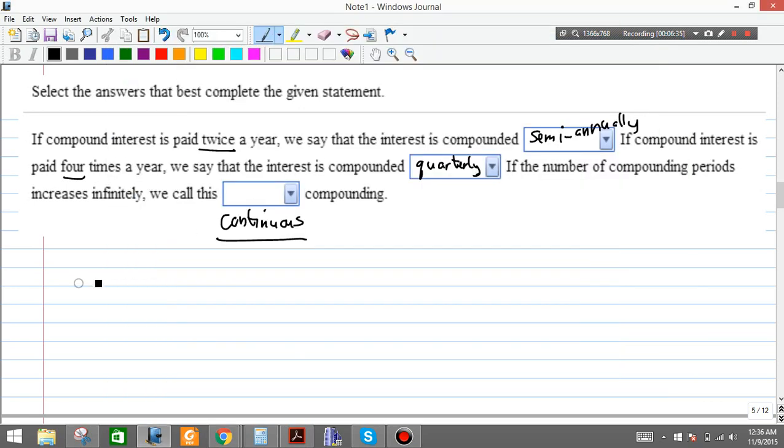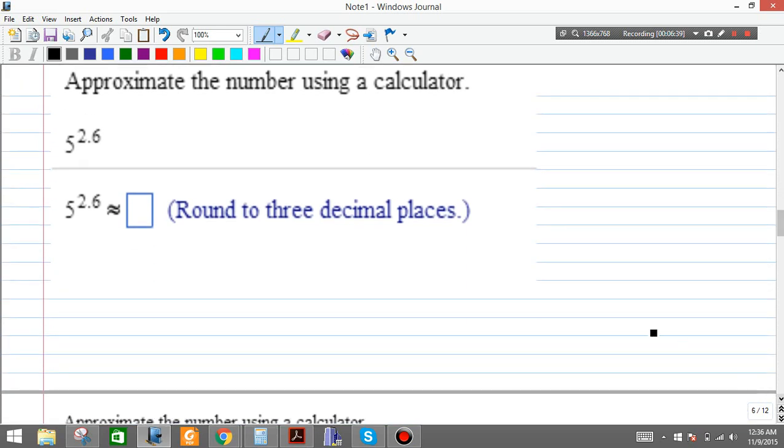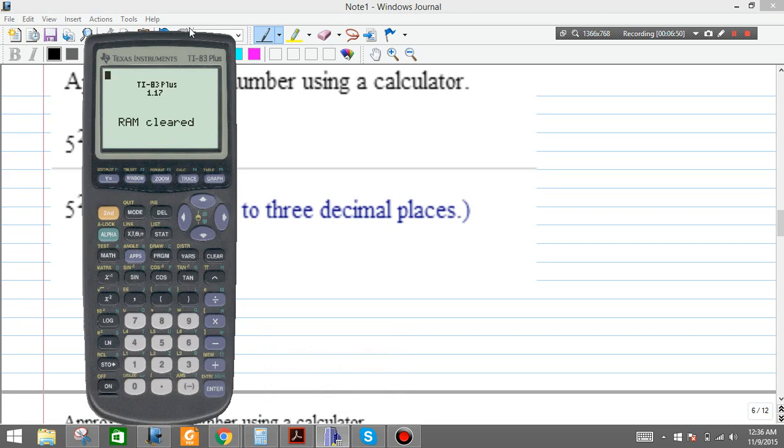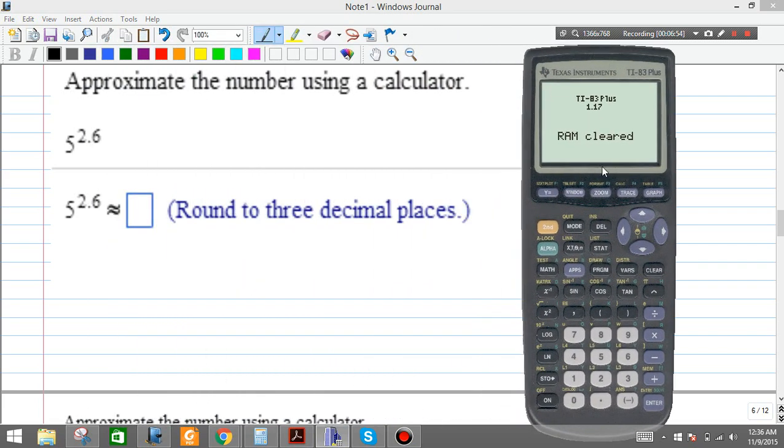Here we're just going to use our calculator. So for this problem, you're just trying to get used to exponentiation, what that means. Let's see if I can bring up this calculator. Okay, so bring up my TI. Here's the button.